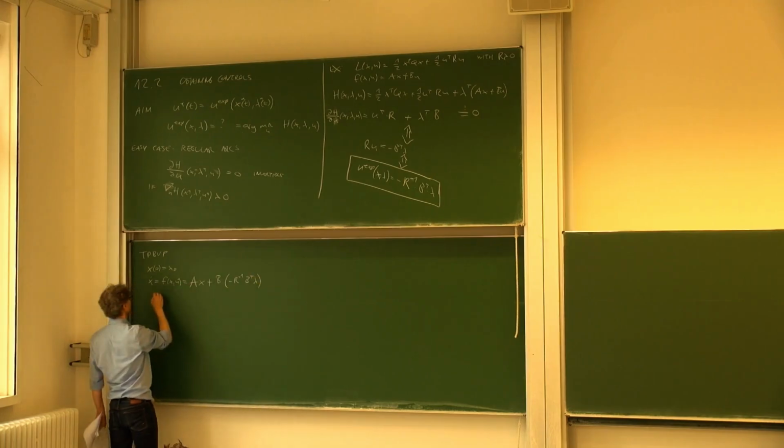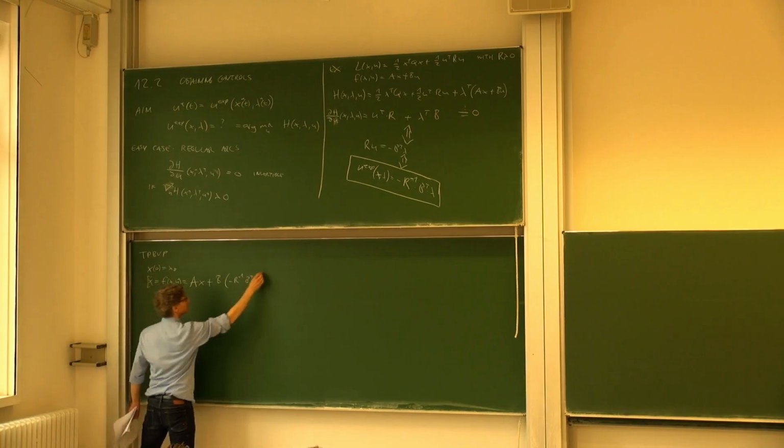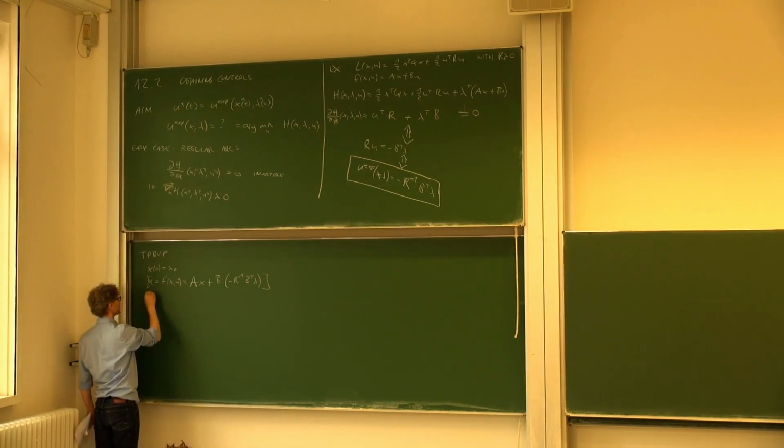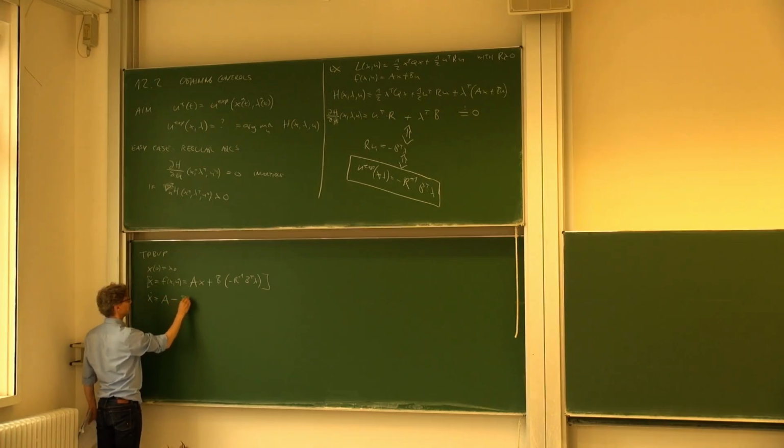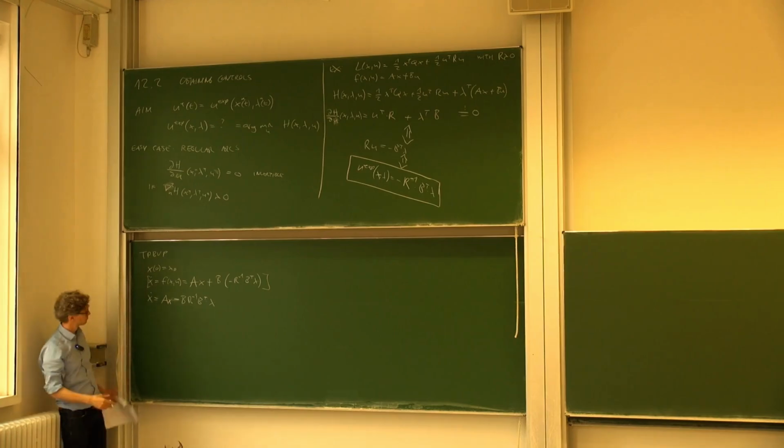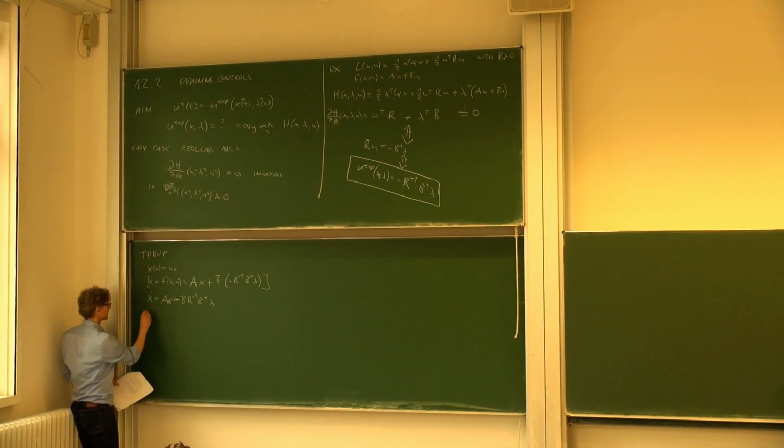So I write down x dot equals A x minus B R to the minus 1 B transpose times lambda. So this is now my equation for x.